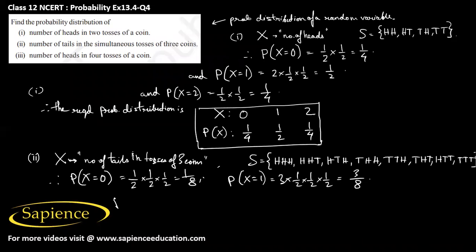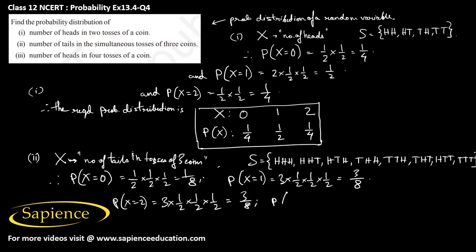And P of x equal to 2 means we should get two tails. It will be 3 into 1 by 2 into 1 by 2 into 1 by 2. Here we are getting two tails and one head, so this would also be 3 by 8.